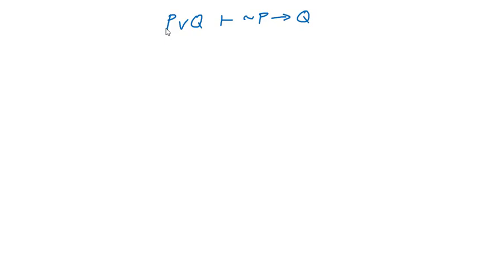Now, material implication tells us that if A, then B is logically equivalent to not A or B. Now, you absolutely can use this, but you want to notice that P or Q is not in this form, right?